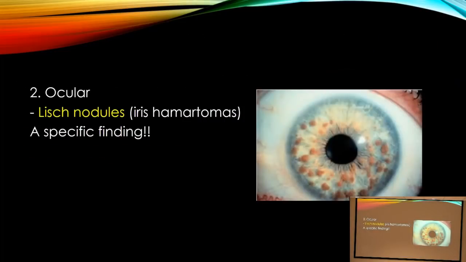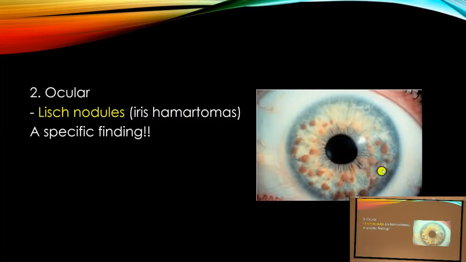Now, I'll try to point out as we go through here, some of these have very specific findings that, if you see them, more highly point to that specific condition. And for NF type 1, Lisch nodules are a specific finding. These are really iris hamartomas.